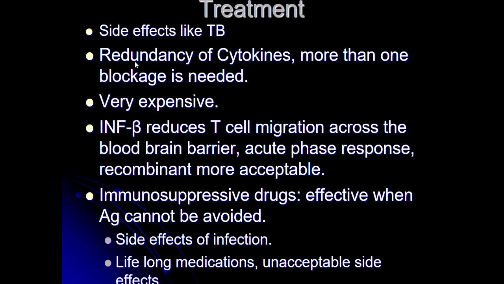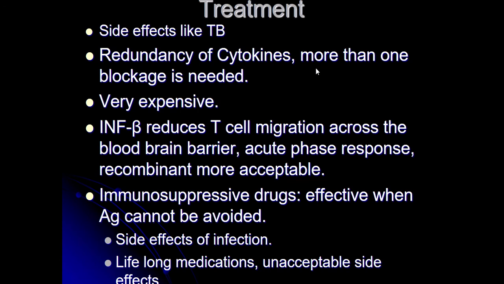So we have to watch for the side effects of these immune suppressive drugs, like tuberculosis, for example. We start with one disease and could end up with another disease. And we could have what we call a redundancy of the cytokines.